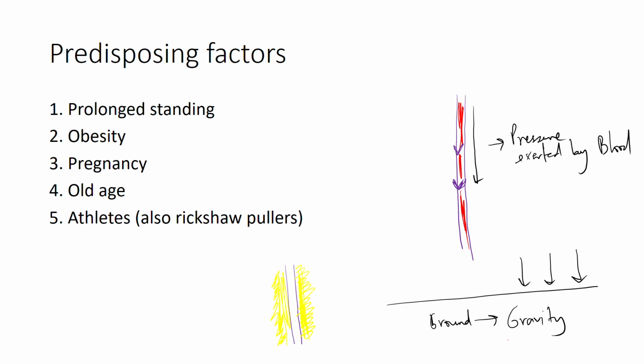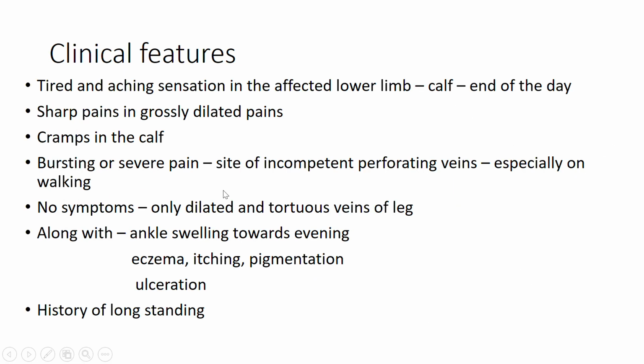This can lead to varicosities. Even the rickshaw pullers, nowadays we don't see them as such, but previously even they were prone to develop varicose veins because of a similar phenomenon, the greater and more frequent contraction of the soleus.